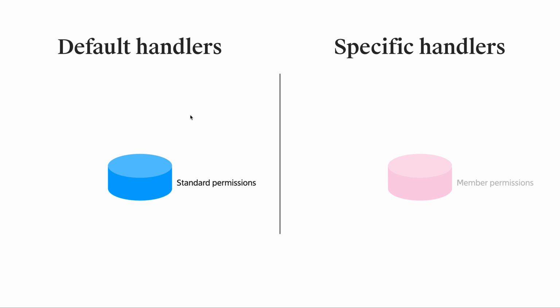The default handler is the one that always ships with the group module. If the group module says that there are a number of handlers, you have your permission handler, your access control handler, your post install handler, any of the handlers that the group module defines, the group module is responsible for shipping the default handler.